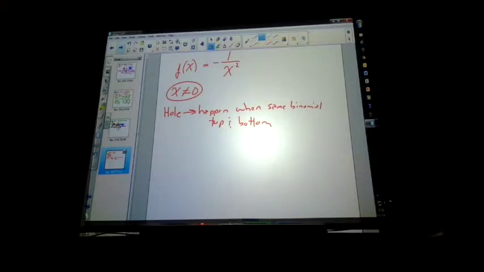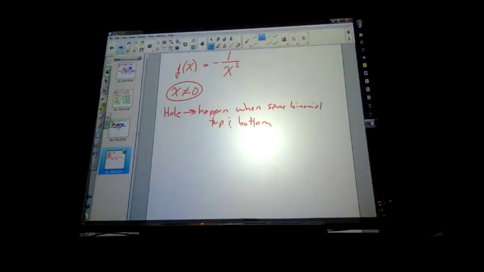You see any horizontal asymptotes that might happen? Now I'll remind you that horizontal asymptotes happen in 2 of these 3 situations. Scenario number 1: the highest degree on top is less than the highest degree on bottom.